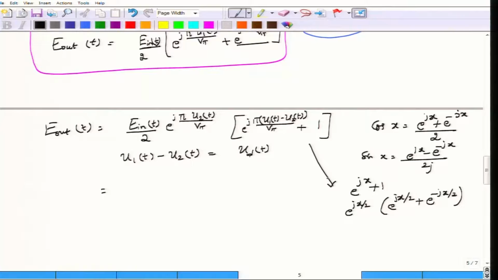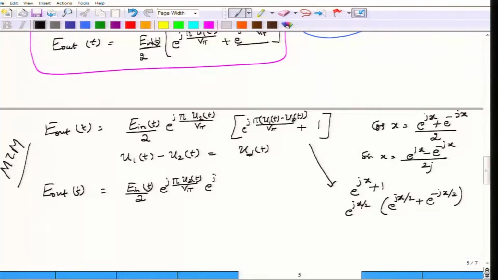So, by making these associations, I can write the electric field output E out of t of the MZM modulator. Remember, we are talking about the MZM modulator here. So, this would be equal to E in of t by 2 e to the power j pi u2 of t divided by v pi.